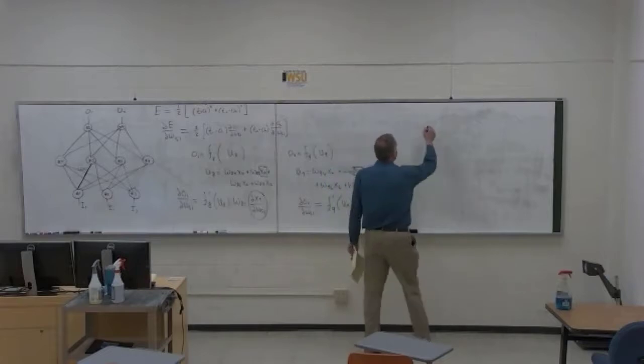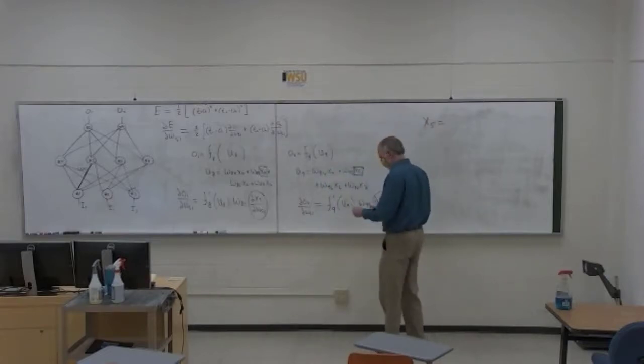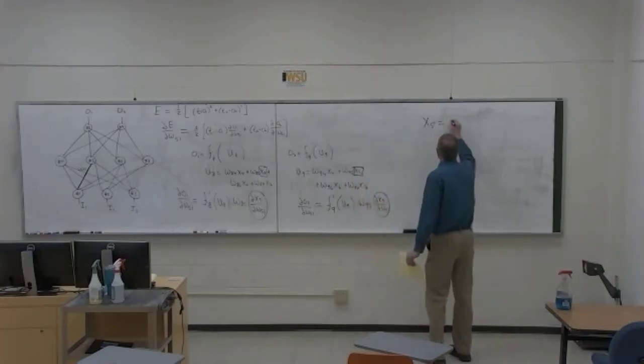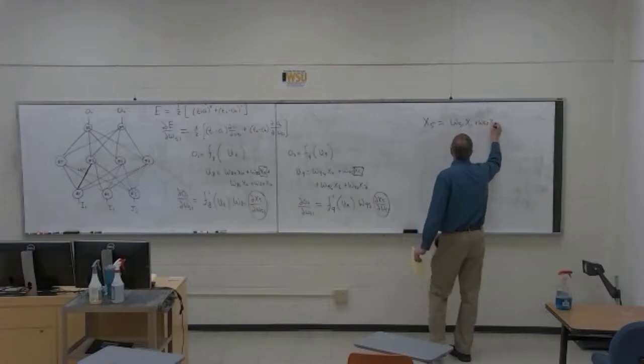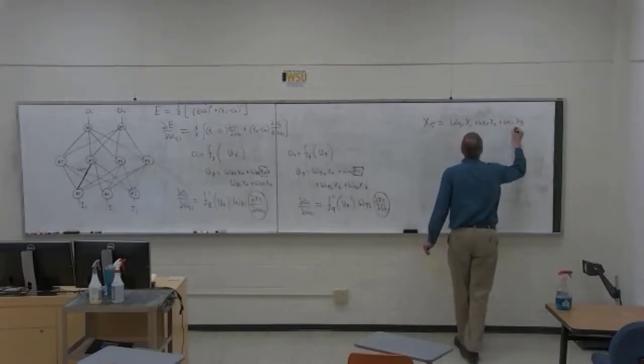So what's x5? X5 is W phi 1 times x1 plus W phi 2 times x2 plus W phi 3 x3, right?